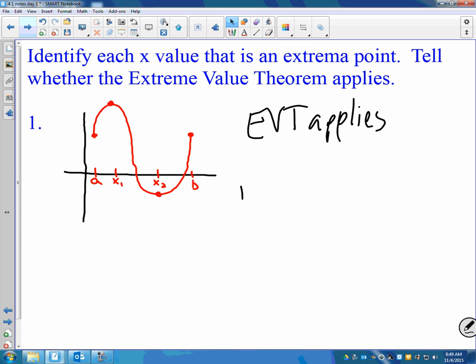So, what is the maximum? What is the minimum? Here's my question. When it says find each value that is an extreme point, does that also include local?